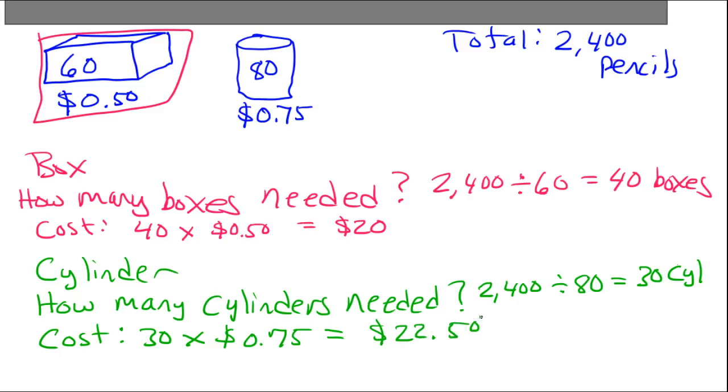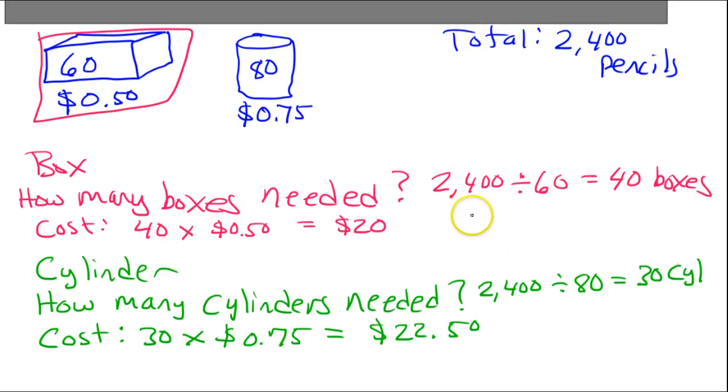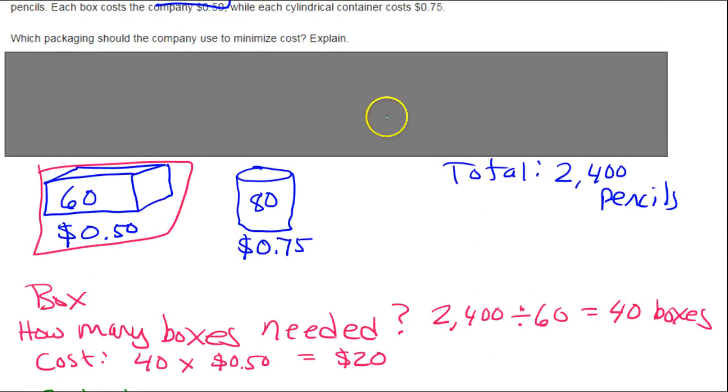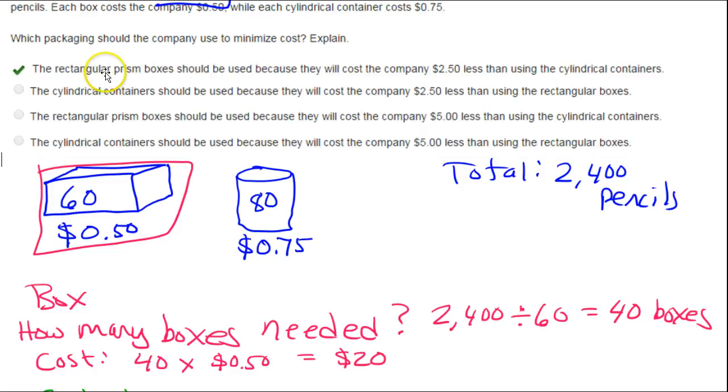So we should go with the box, because that's going to be $2.50 cheaper. Let's see what the reveal says. The rectangular prism boxes should be used because they will cost the company $2.50 less than using the cylindrical containers, which is exactly what we just said.